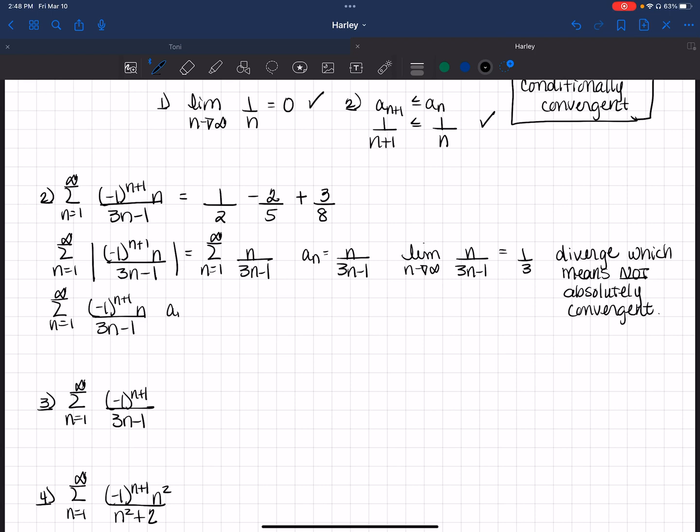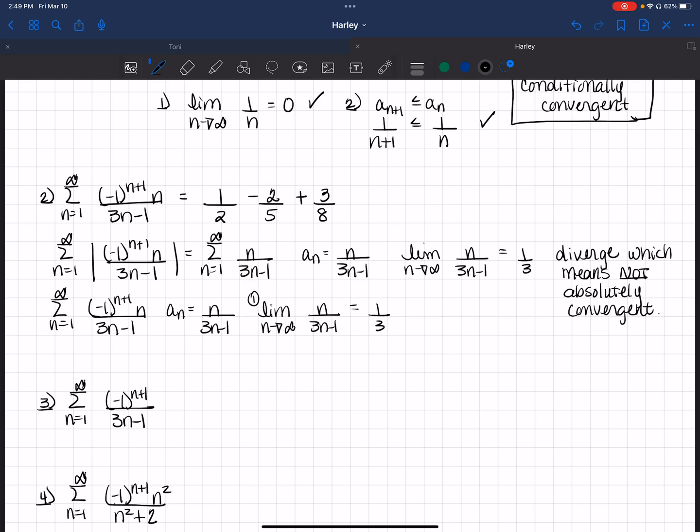That tells me that a of n is going to equal n over 3n minus 1. Now I'm ready to take the limit of that. So I take the limit as n approaches infinity, because remember, it has to meet two criteria. It has to meet both. If it fails to meet one of them, we don't have to do the other, of n over 3n minus 1. We find that does equal 1/3, okay?